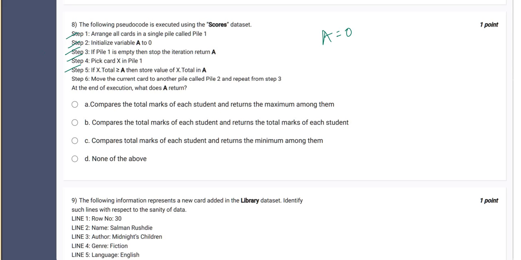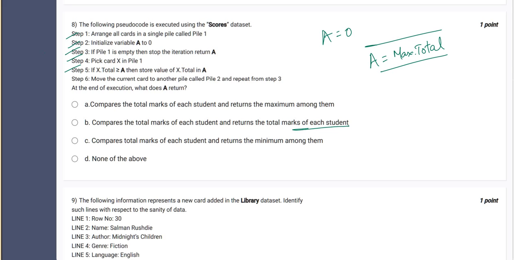If x dot total is greater than A, and again we are doing the same, A stores the maximum total, that is the highest marks, the topper marks. After execution, what does A return? A returns the highest maximum score, right?